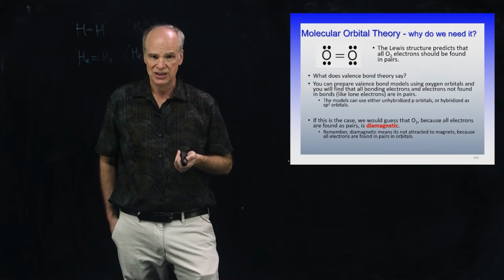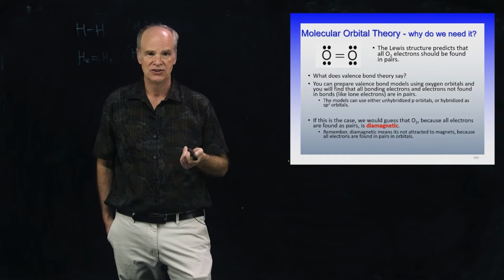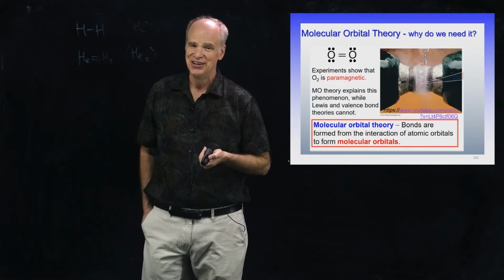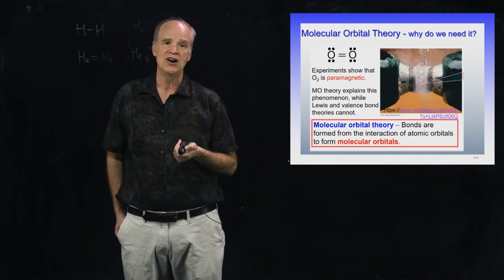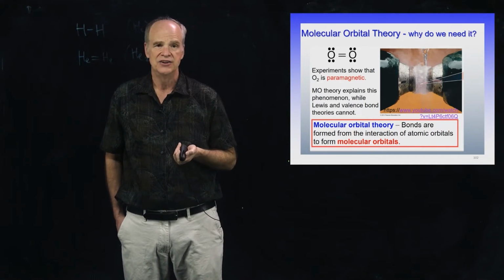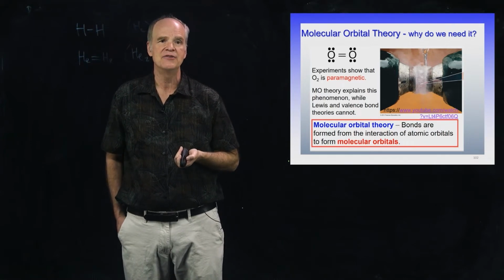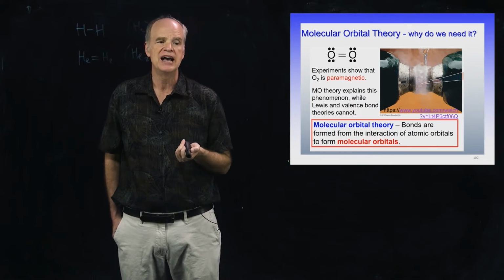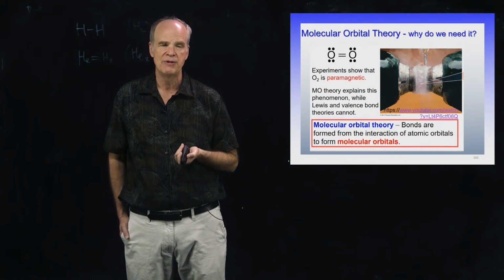But experimentally, we do not find that to be the case with diatomic oxygen, or molecular oxygen. Here's some experimental evidence that suggests that diatomic oxygen is not diamagnetic, but really is paramagnetic. Look at this neat picture. Someone has purified oxygen from the air and chilled it down into a liquid form, and has poured this liquid oxygen between the poles of a very powerful magnet.